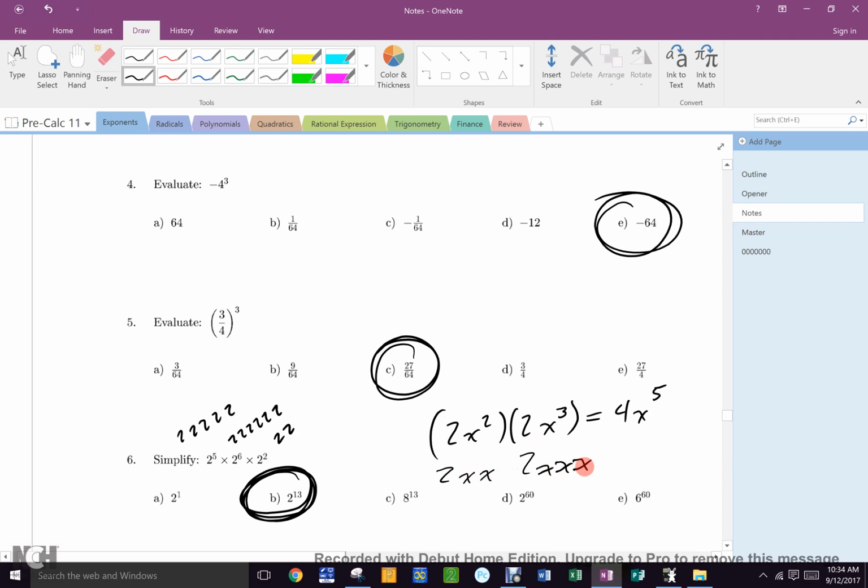How many x's are there now? 5, so it's 4x to the fifth. That's why this 2 is not a base, but these 2's are bases. Does everybody understand the difference? Excellent. Can we carry on? Did people get past number 6 in all that time?